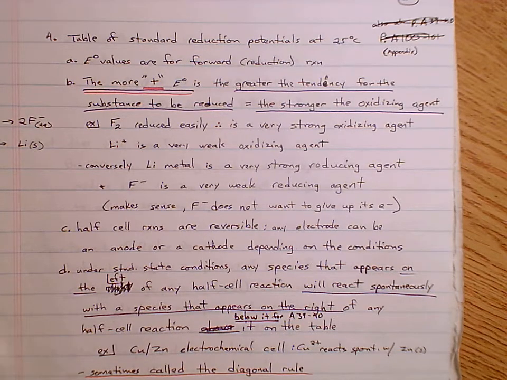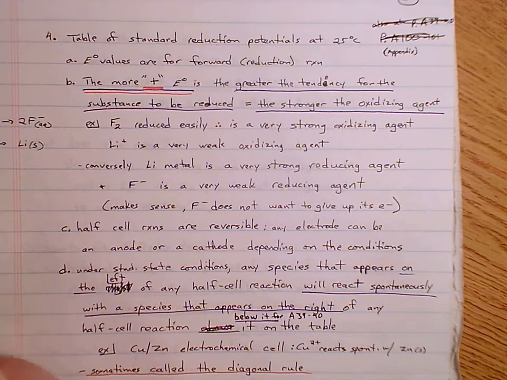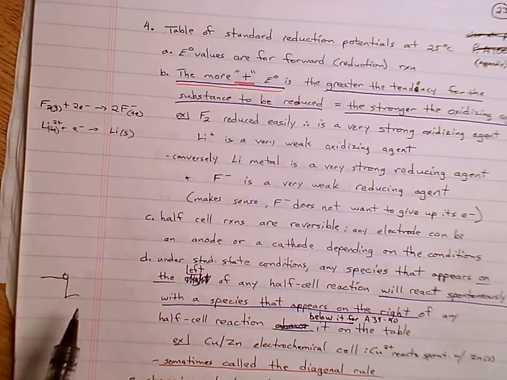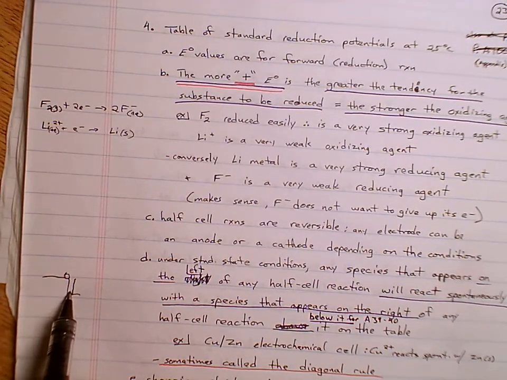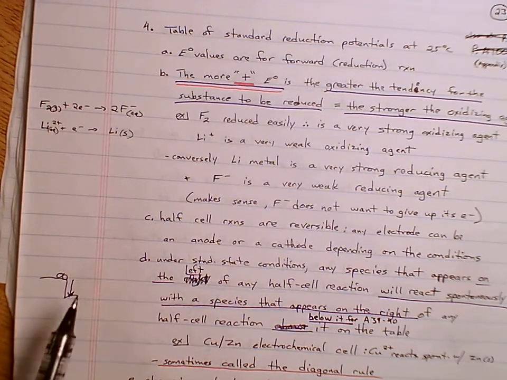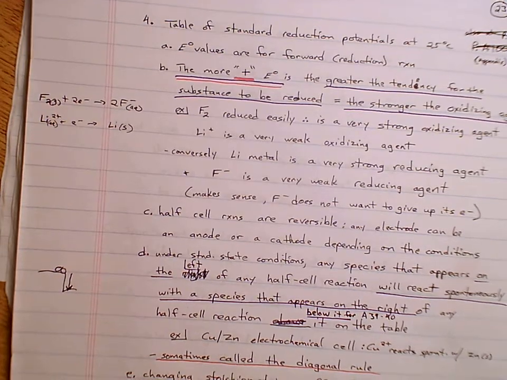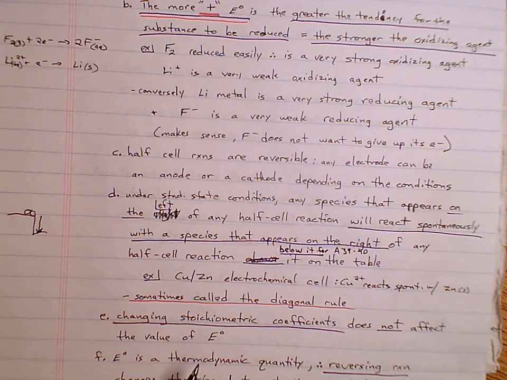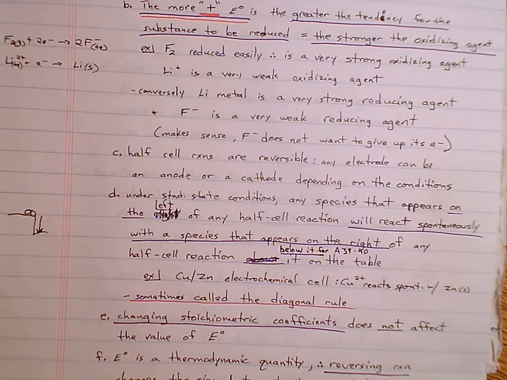Recall that if you have a ball on top of the hill, the potential energy is due to this distance here. If you have two balls up here, they each still have the same potential energy. So each individual one would have the same potential energy, so you do not multiply it when you change coefficients.